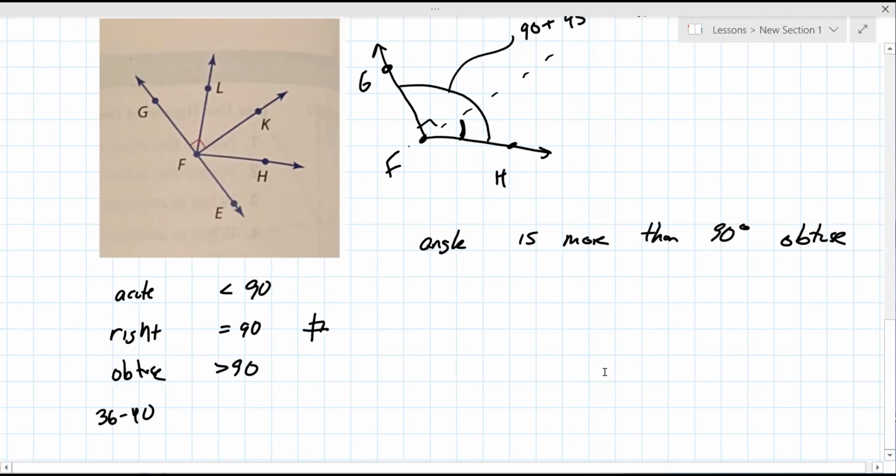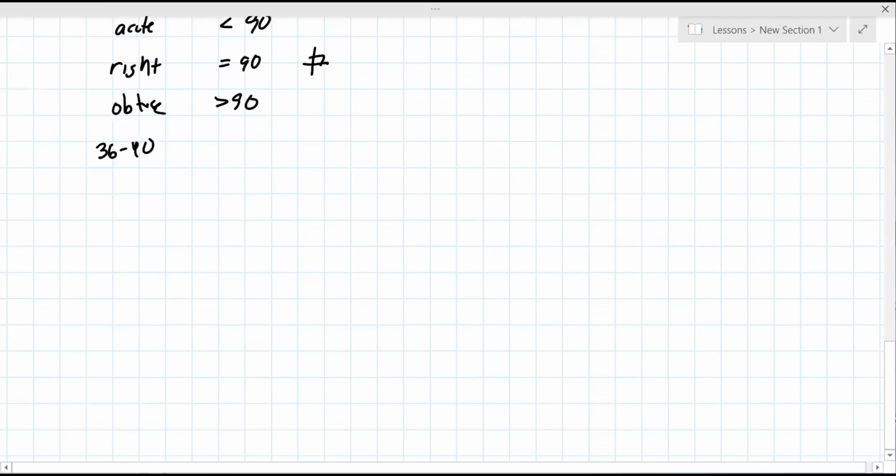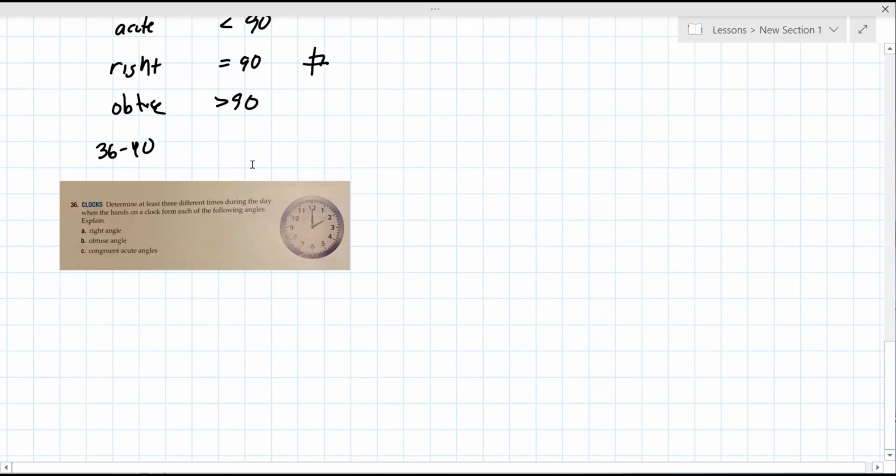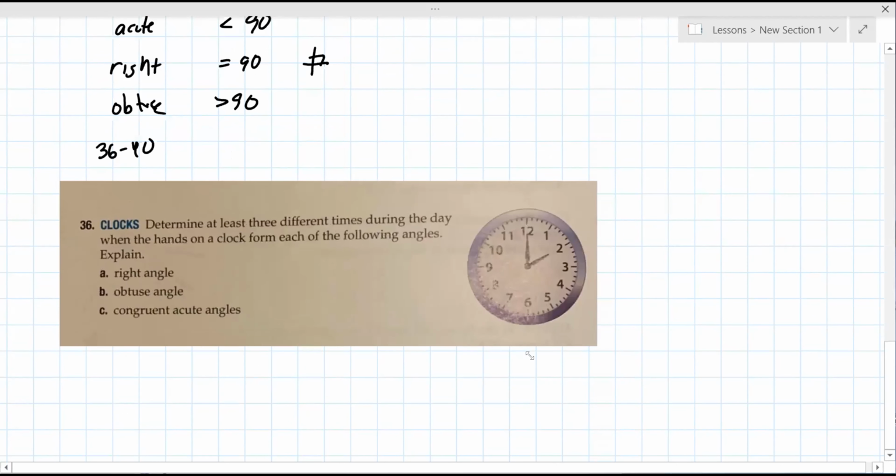All right, I am going to copy in 36, and we're going to paste this question in, make it a little bigger, easier to see.